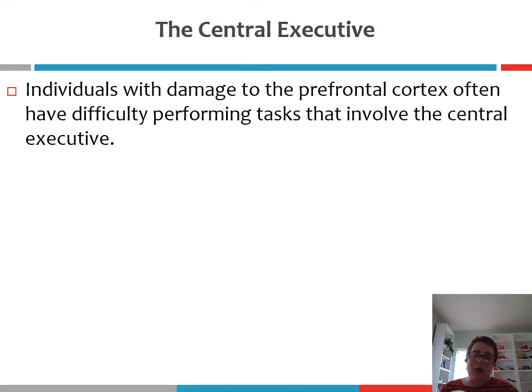So continuing here, I'm going to talk about different kinds of scientific evidence, again, that seems to support the Baddeley and Hitch theory and their concept of the central executive.